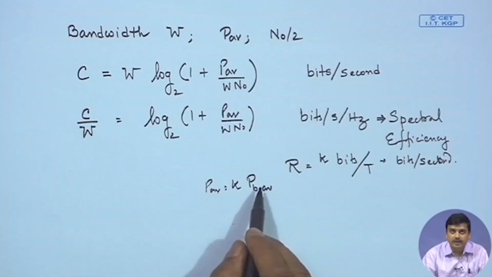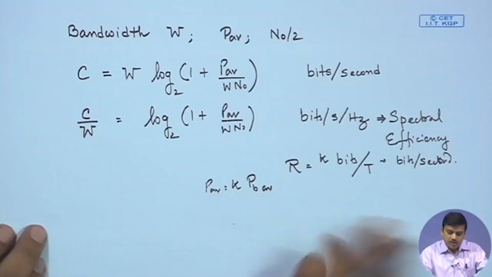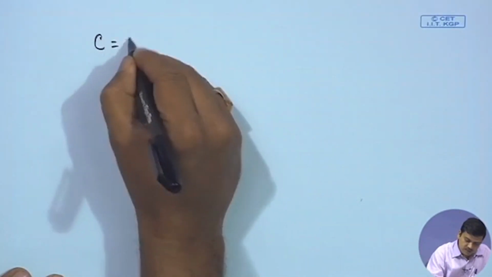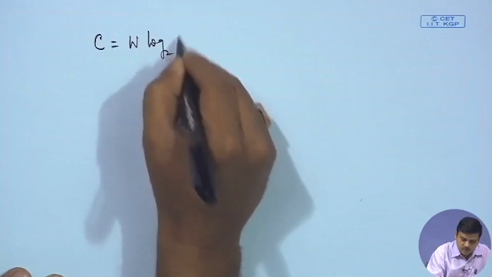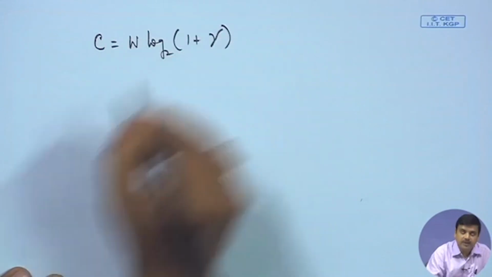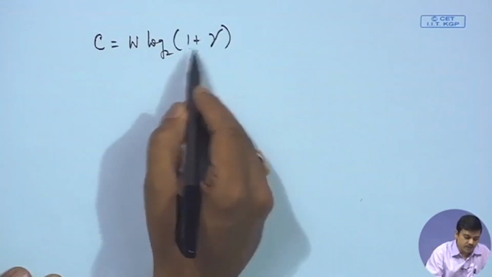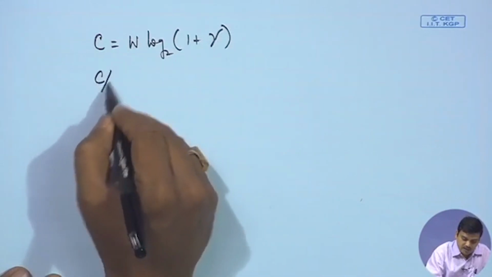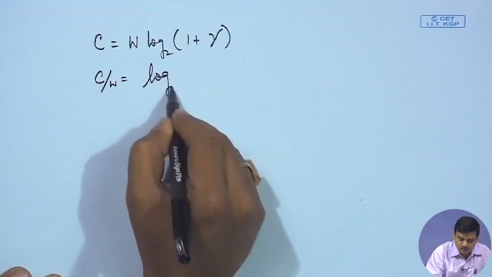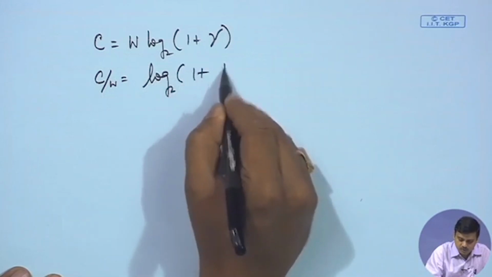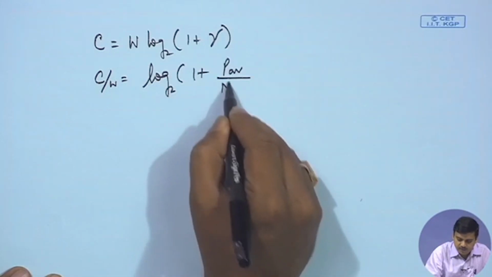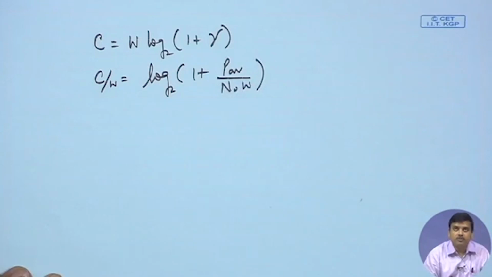So, we will primarily look at the expression C equals W log base 2 of 1 plus gamma, the ratio, whenever needed we will translate it, and C upon W equals log base 2 of 1 plus PAV by N naught W.